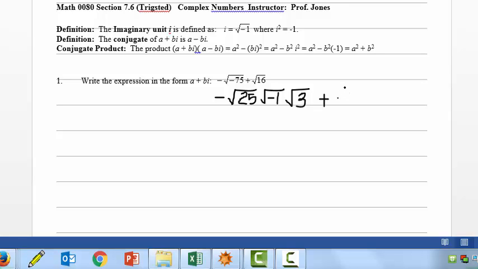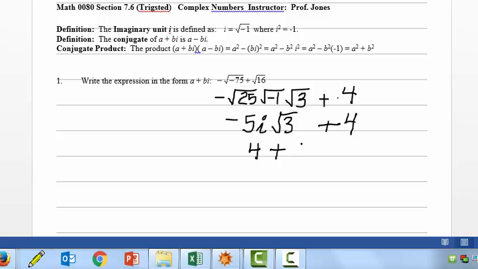And then the square root of 16 is 4. So this is minus 5i square root 3 plus 4. And that's my final answer on that one. Well, let's actually get it in the right form where we have the real part first, the 4.